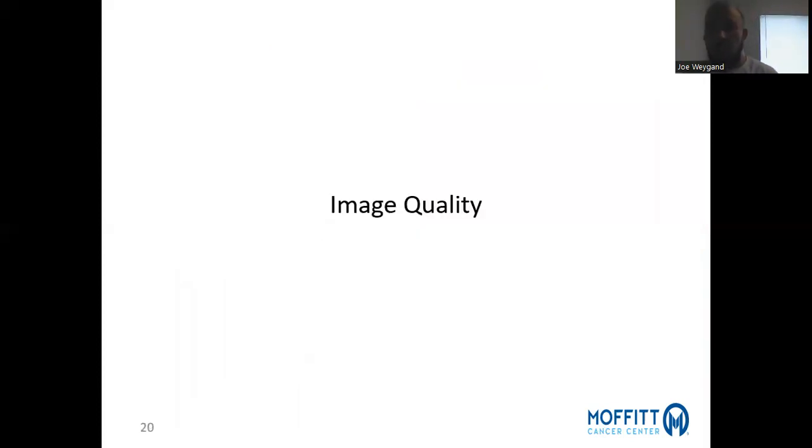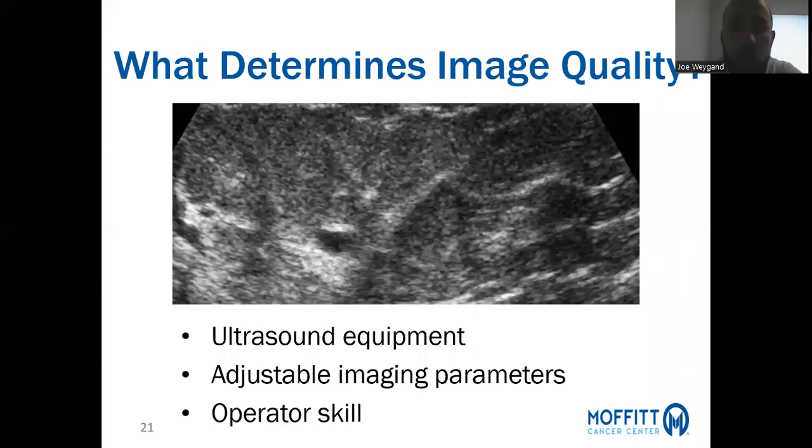So let's switch gears and talk about image quality in ultrasound. What influences image quality? Just like the other imaging modalities, image quality is determined by the ultrasound equipment and also the adjustable imaging parameters. But unlike the other imaging modalities, ultrasound image quality is very dependent on the operator's skill.